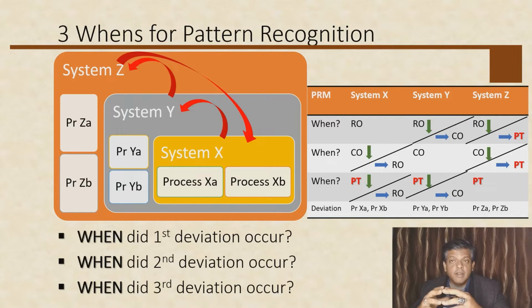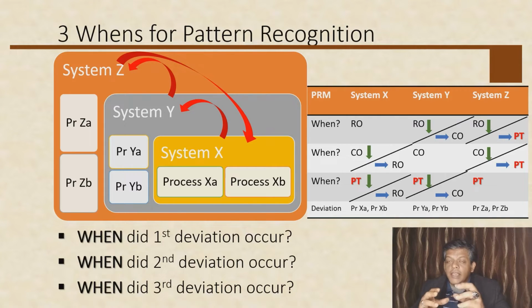It may be sequential, it may not be sequential, but for ease of understanding, what is shown on the screen is, let us say, there's a system X, which has process XA and XB, which is interacting with a system Y, which also has its own processes, process YA and process YB, and these two systems are probably a subset of a larger system, system Z. System Z once again has its own process ZA and process ZB.